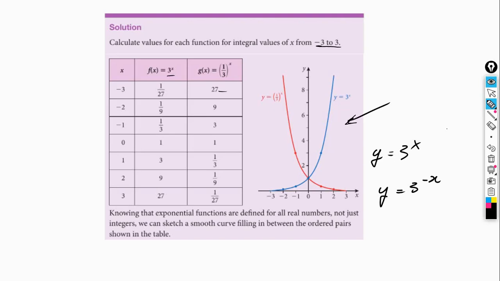But notice that this is the same as saying 3 to the minus 1 times x. And this is the same as saying 1/3 to the x. So therefore, 3 to the x and 1/3 to the x are the reflection of each other across the y-axis.